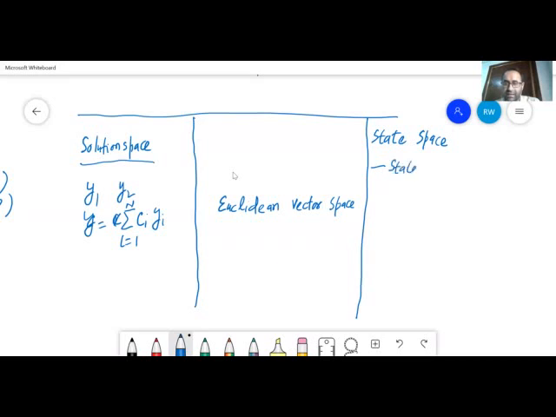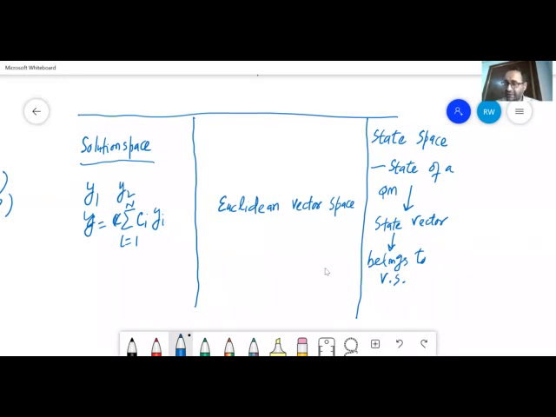the state of a quantum mechanical system is a vector, a so-called state vector. Therefore it belongs to a vector space. That's the first thing to be noted. This is the first thing we learn about a quantum mechanical system, that it is a state vector and it belongs to a vector space.